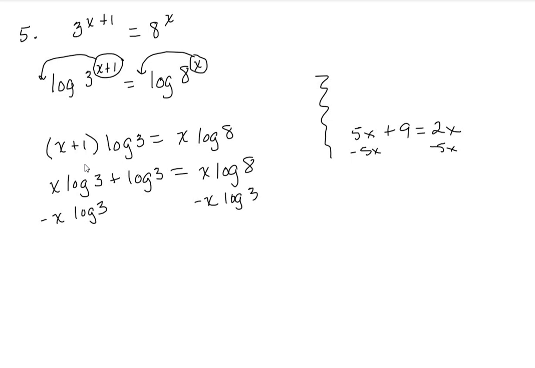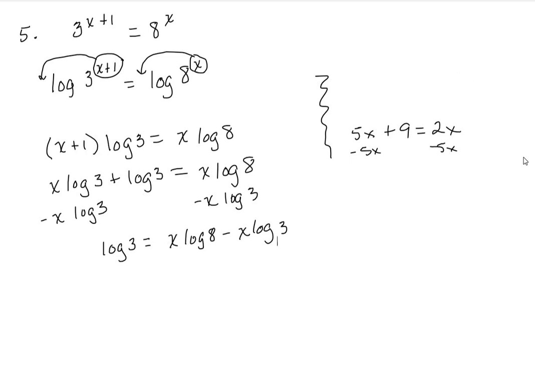So over here on the left-hand side, I'm going to cancel out, so I'll have a log of 3. Now over here on the right-hand side, I can't just say that this is x log 5. I can't combine these. So this is x log 8 minus x log 3. Nothing I can do right now to just combine them.